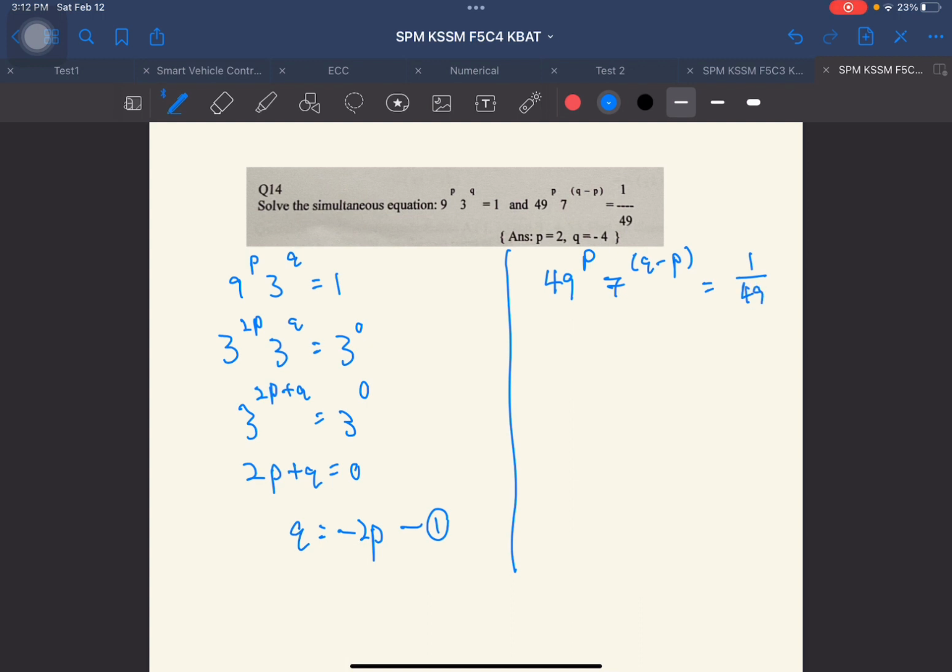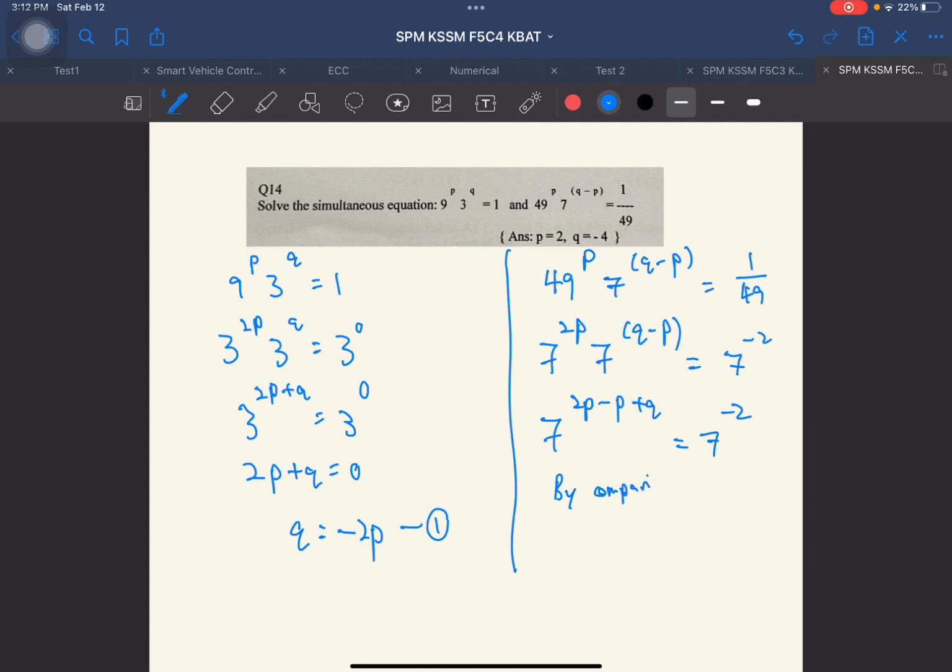So 49 is 7 squared, so 7 to the power 2p times 7 to the power q minus p equals to, what is 1 over 49? You can make it 7 to the power of negative 2, and then here you sum it up. So you got 2p minus p plus q equals to 7 power minus 2.